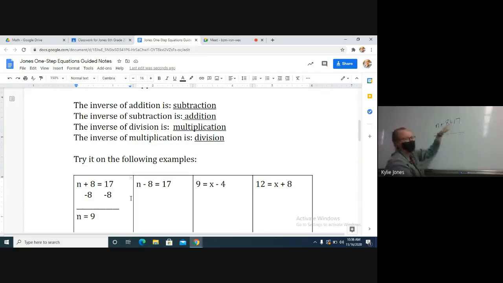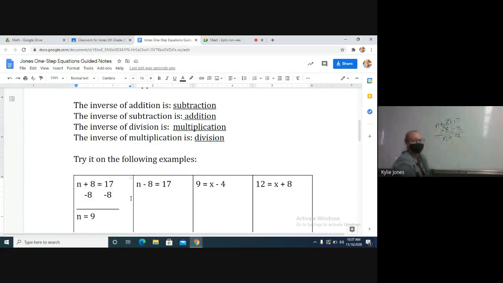Then we know that the opposite of adding 8 is subtracting 8. If you do it to this side of your equation, you must do it to the other side as well. And then like we just said, positive 8 minus 8 is 0. It just cancels out. It's gone. You don't need it anymore. So all you have is n, drop down your equal sign, and then you solve your equation. Does that help a little bit more?